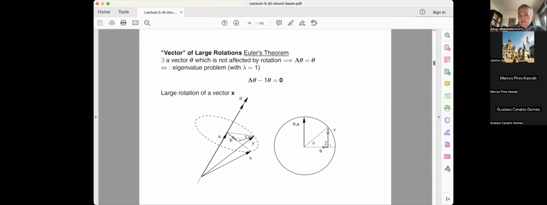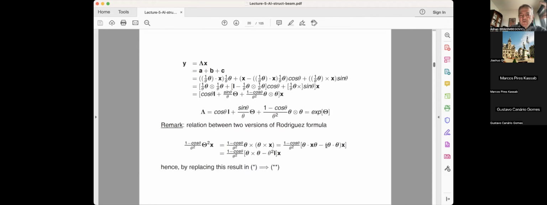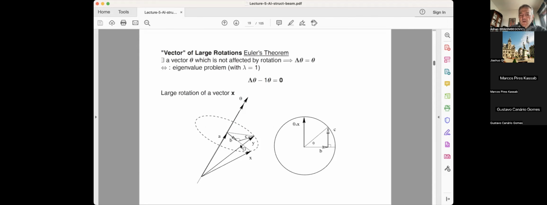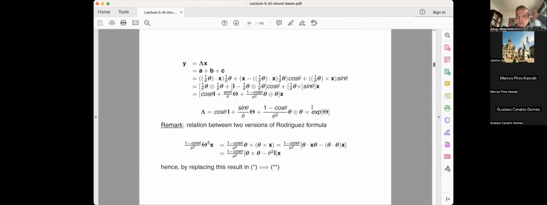B could be done with one term, and C would be that term. So the way we did it is basically A is the projection of x on your rotation axis. B is x minus this projection, times cosine theta, because theta is this angle here. And then finally, the last one was theta cross x times sine theta.